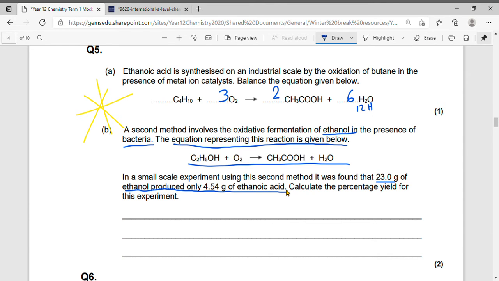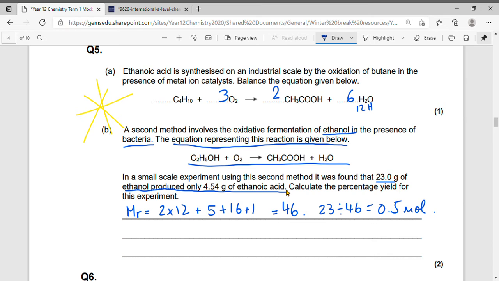Alright, so 23 grams of ethanol, MR is 2 times 12 plus 5 plus 16 plus 1, which is 24 plus 16 plus 1 plus 5, which is 46. And so 23 divided by 46 is half, yes, 0.5 mole.